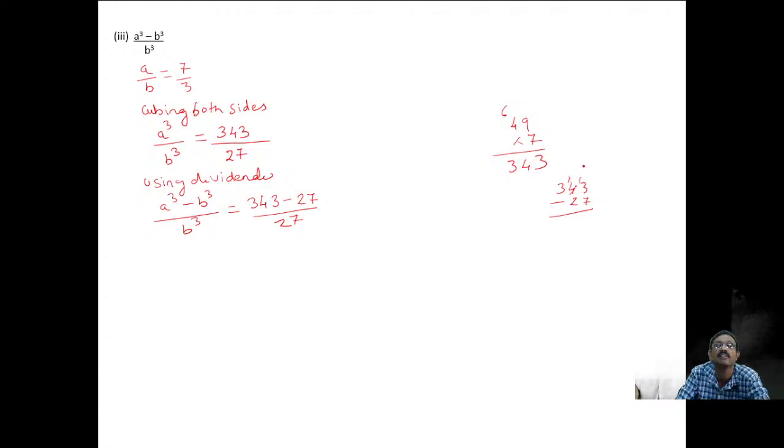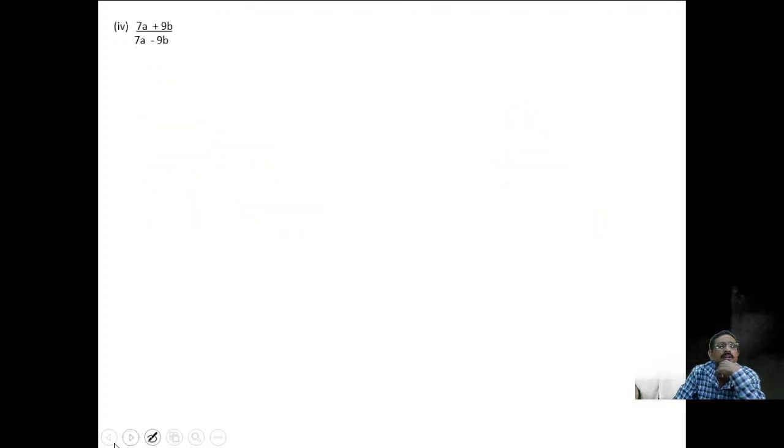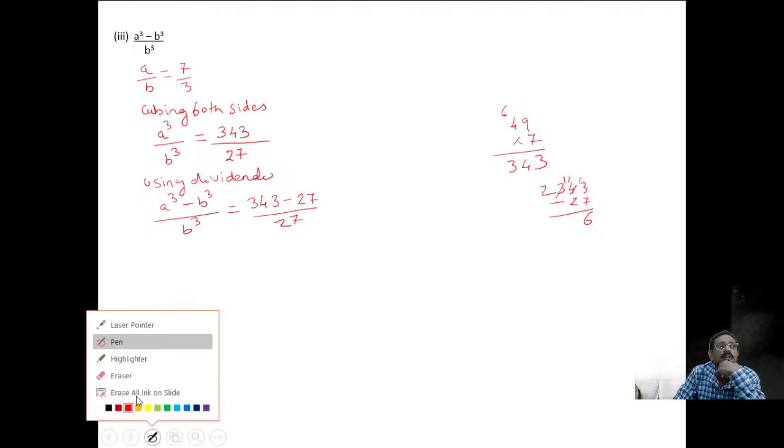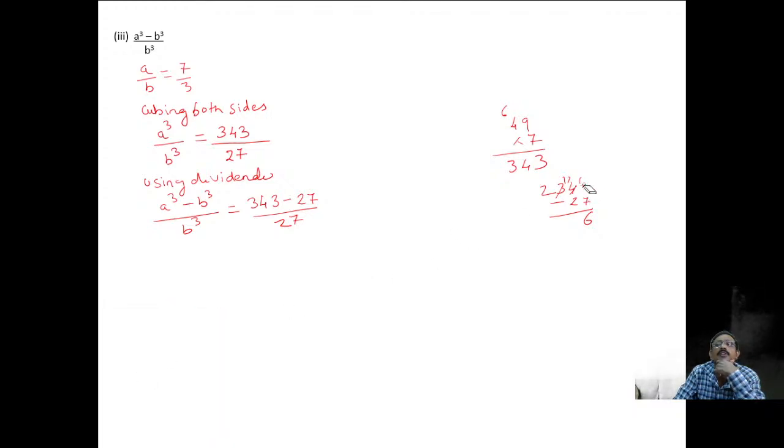343 minus 27. 7, 8, 9, 10, 11, 12, 13. I've got 6 here. How much is remaining here? 3.